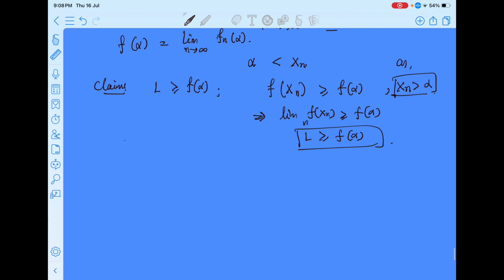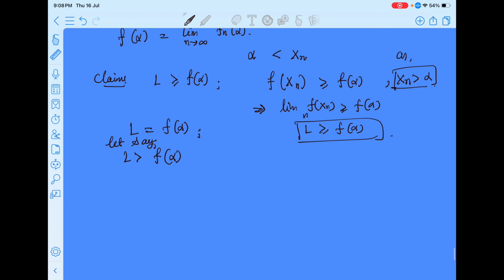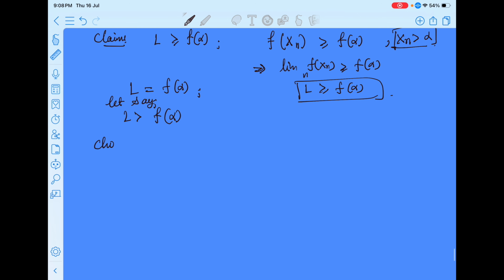Our claim is that L equals f of alpha. So let's say L is strictly bigger than f of alpha. Now choose any epsilon greater than 0.